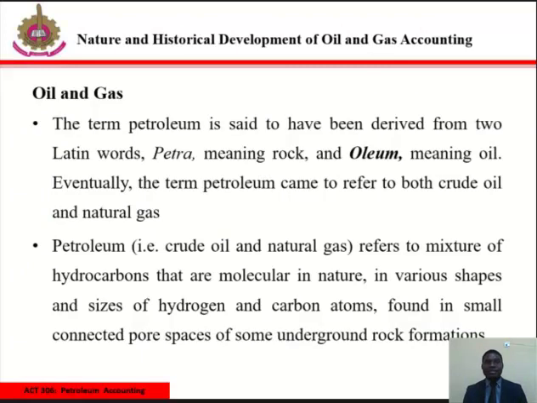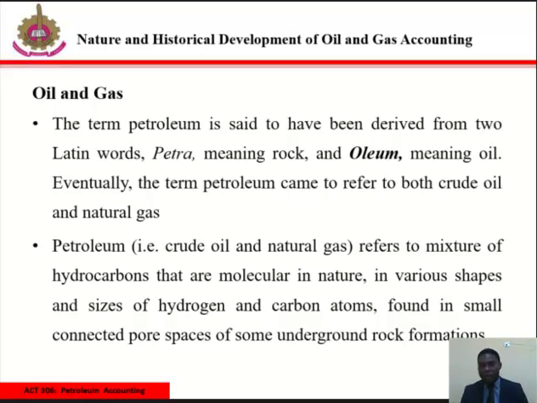Nature and historical development of oil and gas accounting. The term petroleum is said to have been derived from two Latin words, petra meaning rock and oleum meaning oil. Eventually, the term petroleum came to refer to both crude oil and natural gas.